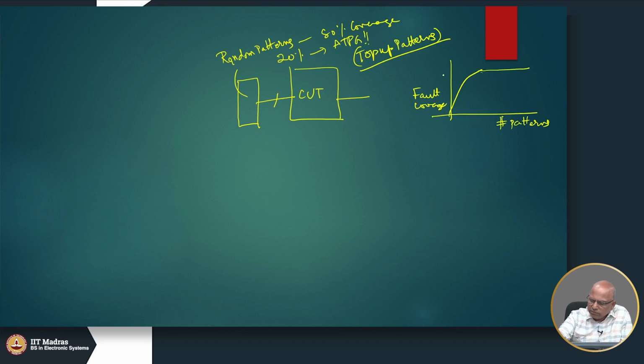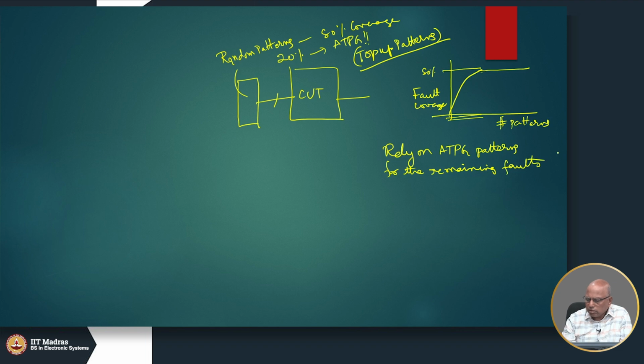So, we may get 80% coverage with the random patterns, and for the remaining 20%, unfortunately we may still have to rely on ATPG patterns for the remaining faults. So, these patterns are called top up patterns.